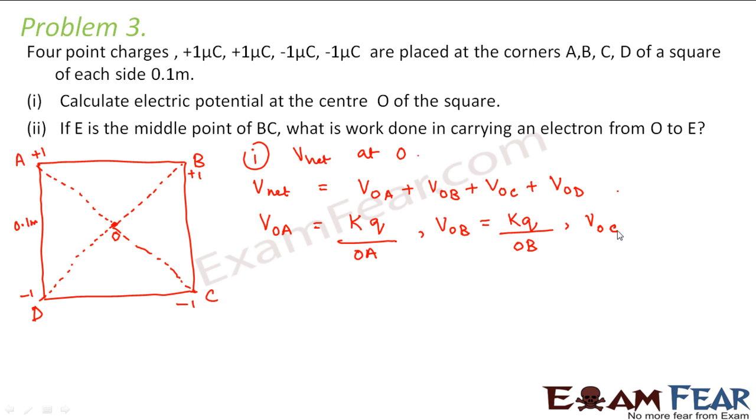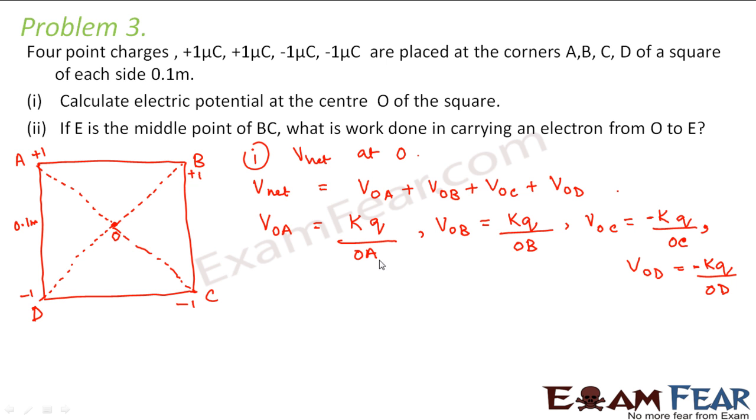Potential at O due to C will be equal to K into Q divided by OC. And potential at O due to D will be equal to KQ divided by OD. Right? So just make it as negative because the charge there is negative. The magnitude of charge is same at all the places A, B, C, D. Right? So this is how we can write it.